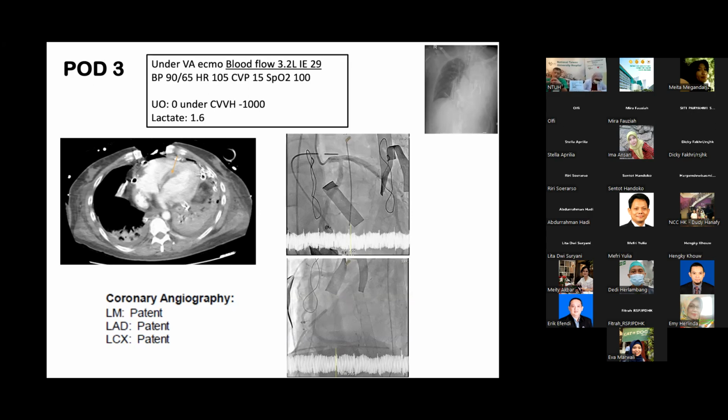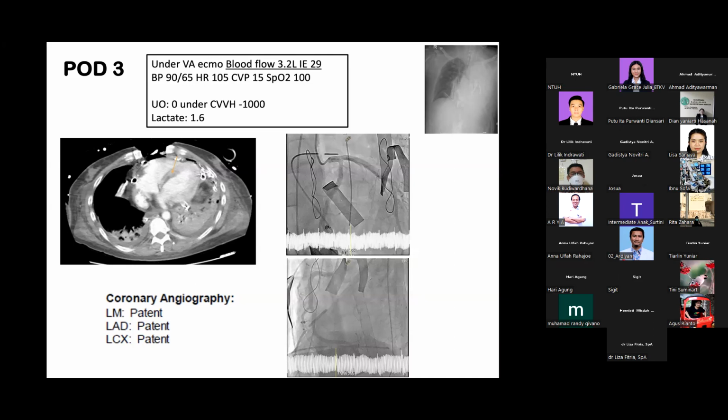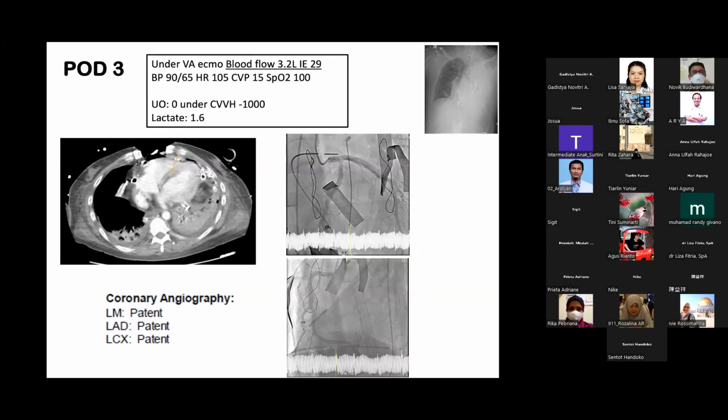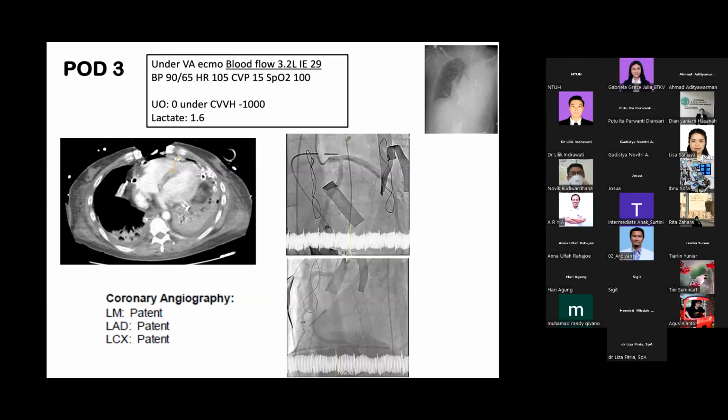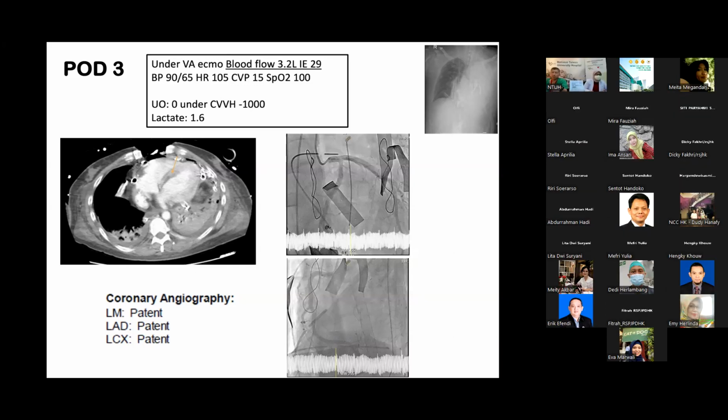Sometimes something goes wrong when you do the anastomosis quickly, and you will see some kink over the pulmonary artery. We had some experience 20 years ago.